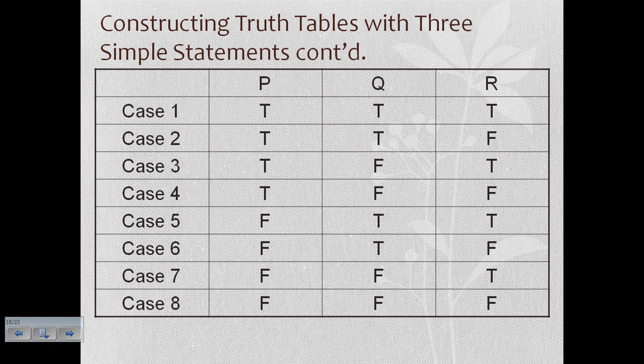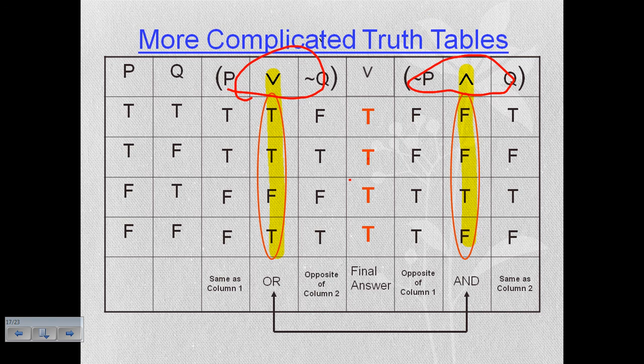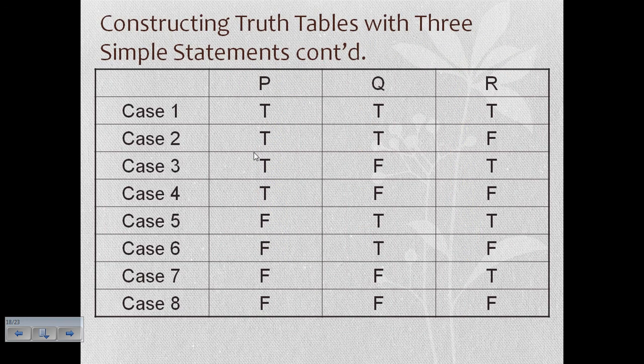Eventually, you're going to have to do 3 cases. And I know this probably looks a little crazy, but your first column, I don't know if you remember. Let's see if I can go back and look. See how the trues were grouped together and falses were grouped together? And then it was true, and then it alternated? Over here, my trues are still grouped together, and my falses are still grouped together.